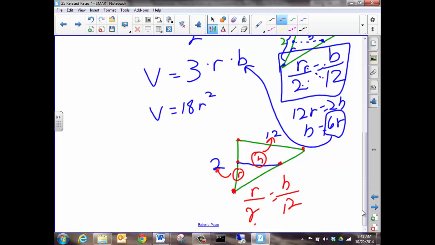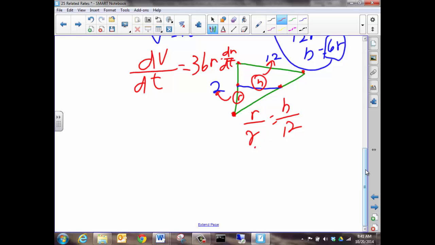So let's see if we can finish this off. Well, if we take the derivative, what do we get for the derivative? 36R dr over dt. Well, that sounds right. Do we know dV dt? Okay, so we can say 1/4 equals 36. Now we can plug in for R. What do we put in for R? 1.